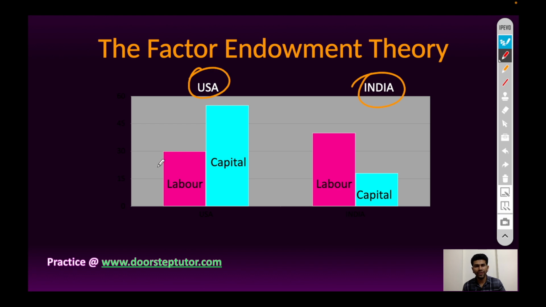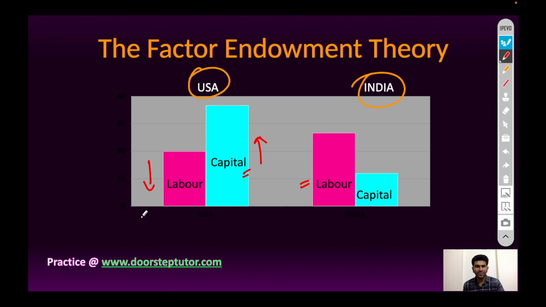So in USA there is less availability of labor and more capital. Here capital means technology. And in India, due to population, more labor is available at cheaper rate and less capital is available. Since in India capital is scarce, it will be more expensive.